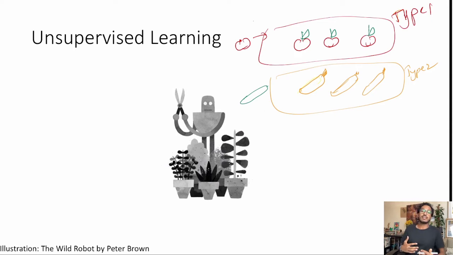But the idea is that it is able to figure out on its own what these differences are, and maybe it's able to categorize these things, not necessarily knowing what it is, but knowing that there are these two types of things. So hope that makes a little bit of sense, but we'll be exploring this topic in more detail as we go on.